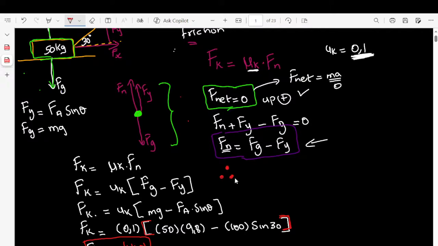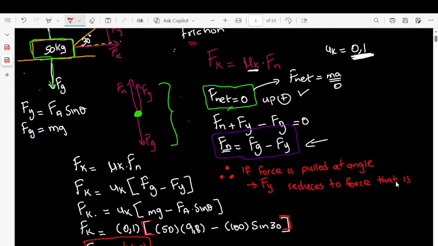Therefore, we are saying that if the force is pulled at an angle, the vertical component, which is our Fy, reduces the force that is pushing into the ground.